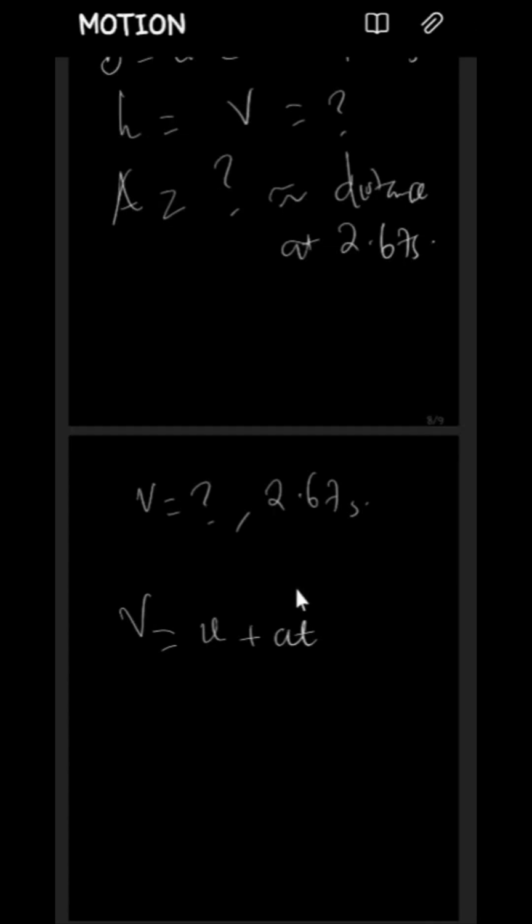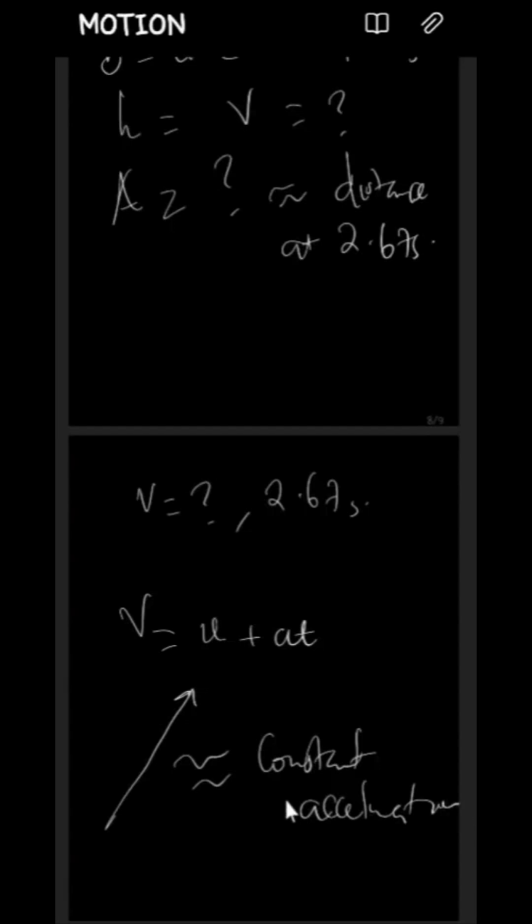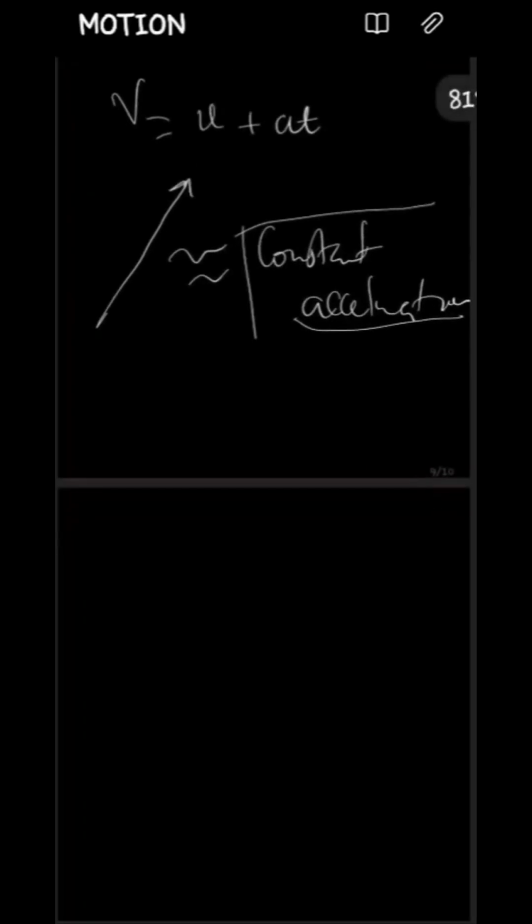And since we have a line that is uniform, it denotes we have a constant acceleration. As such, we are going to find that constant acceleration to help us find a velocity at whatever time we choose. In this case, we are trying to find a velocity at 2.67 seconds. So we are first going to find our constant acceleration.